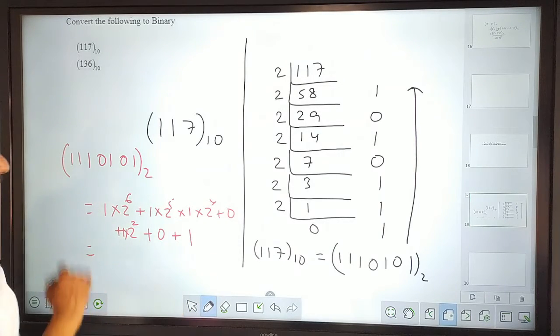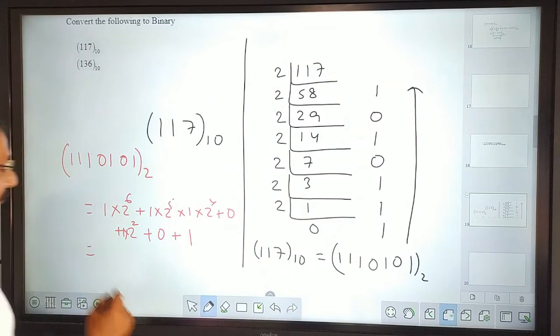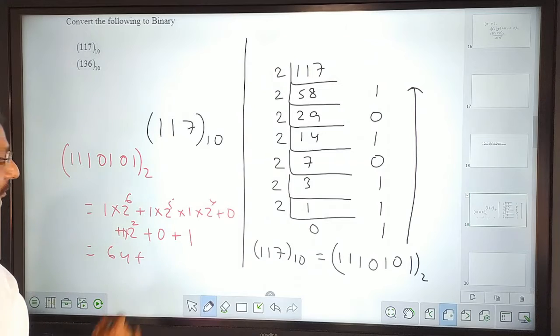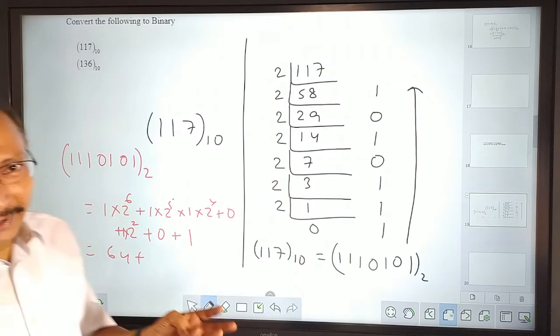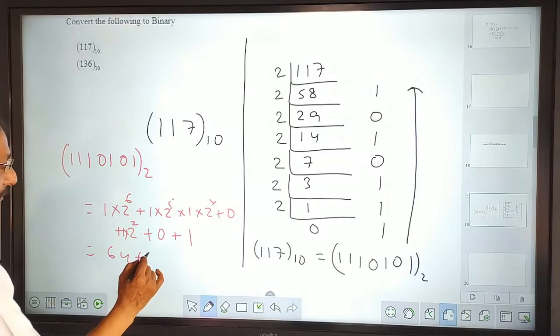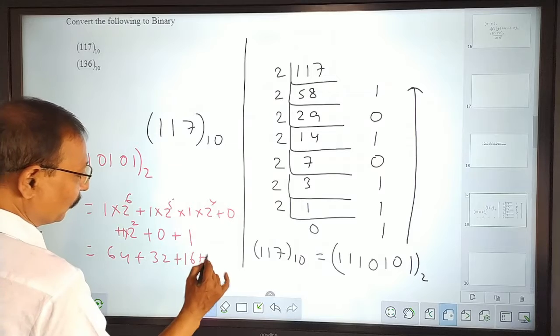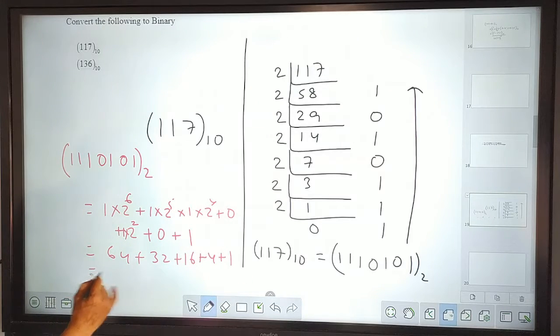So we got 2 to the power 6, that is 2, 4, 8, 16, 32, 64. So it is 64 plus 32, plus 16, plus 4 plus 1. And after adding these, we must get 117.